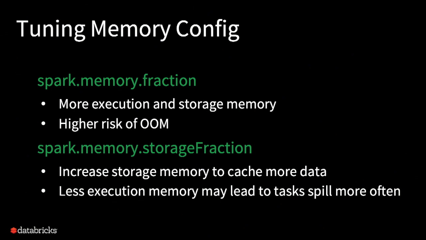So here are a few tips to tune the memory config in Spark. To make better use of Spark memory, here are some tips for modifying the memory-related configs. You may increase the value of spark.memory.fraction to expose more execution and storage memory.